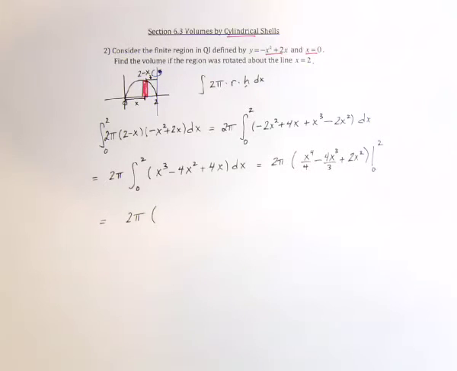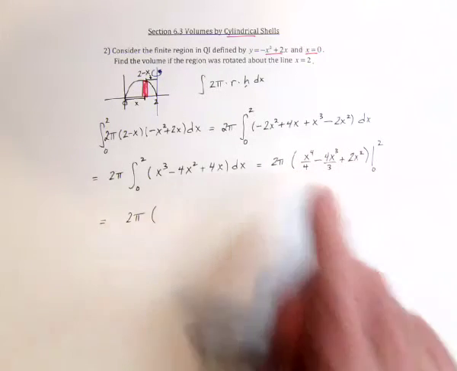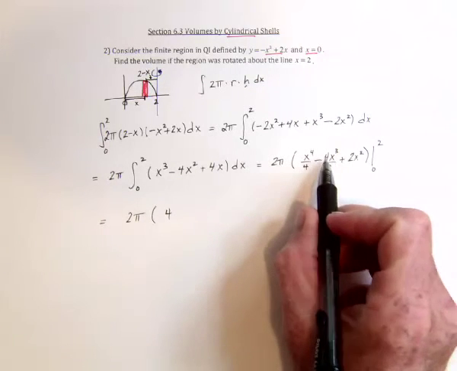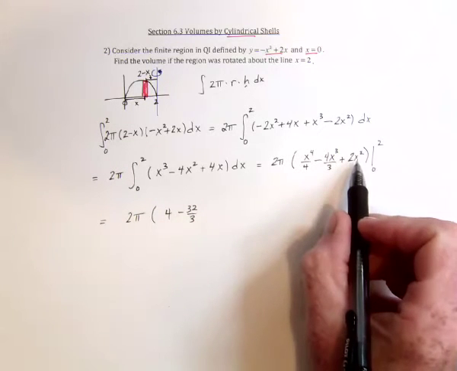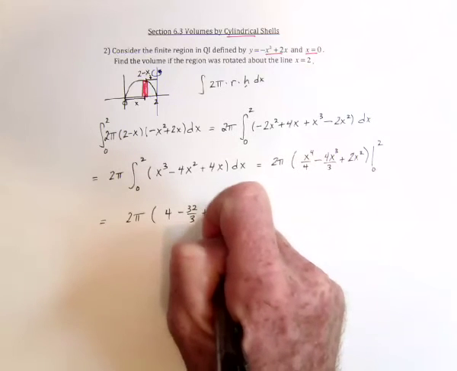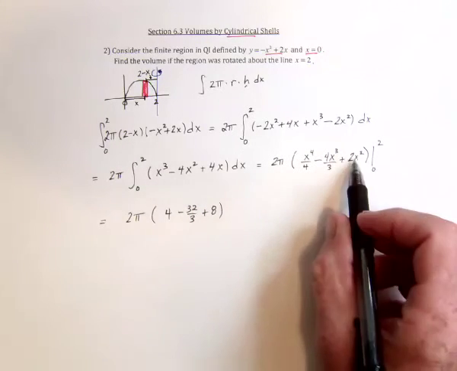Okay, substitute a 2 in there. This would be 2 times 2 is 4, 8, 16 over 4 is just a 4. This is going to be an 8 times that is negative 32 thirds. And this would be a 4 times 2 is 8. And then a 0 would contribute 0.